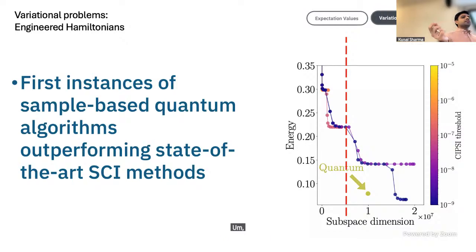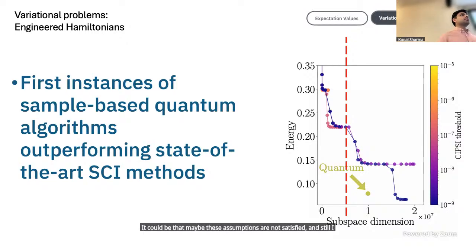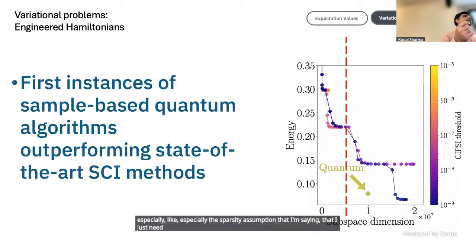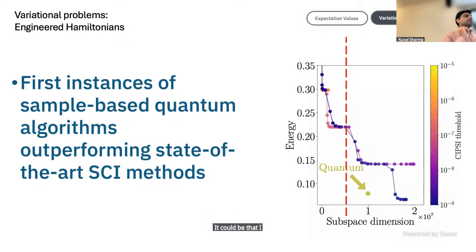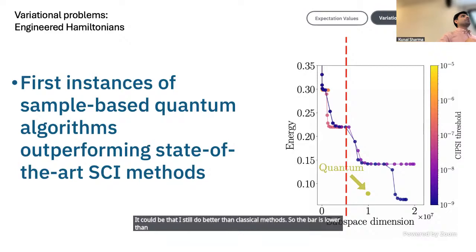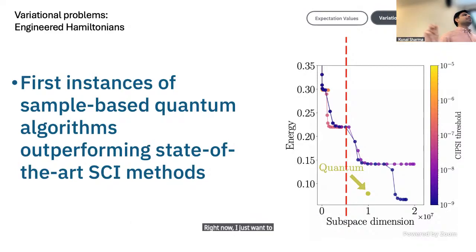Also, these assumptions I needed for the proof. It could be that these assumptions are not satisfied and I can still get better energies, especially the sparsity assumption that I need just for the proof. So the bar is lower than what I would set for fault tolerant devices. Right now, I just want to beat classical methods and not care about predicting reaction rates or something useful.